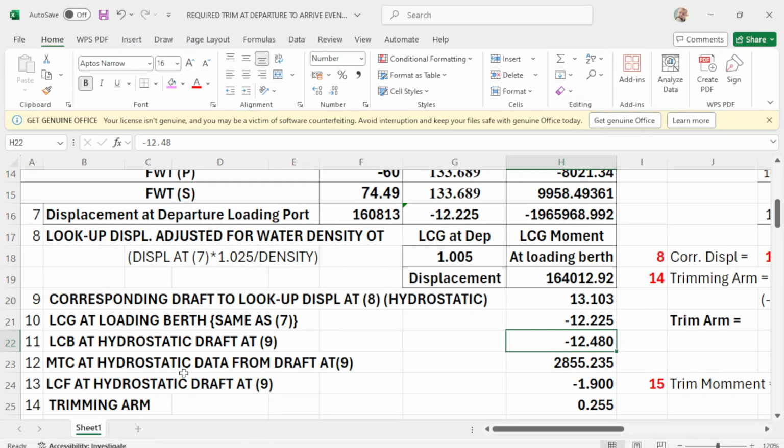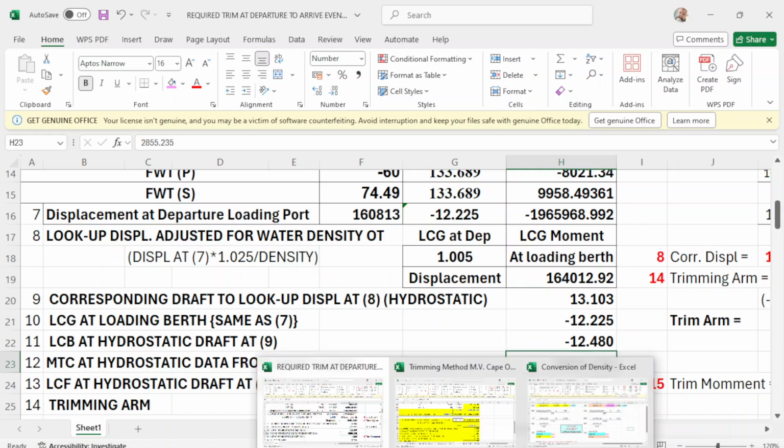Now we go for the MTC. What will be the MTC?